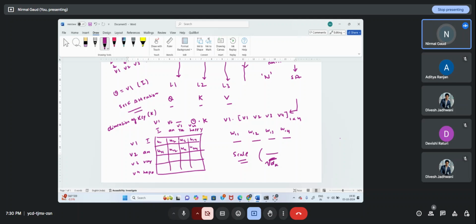So square root of 4 will be 2. So divide each and every value by 2. That is scaling. Here you have to give this entire matrix of attention score, and you will be getting scaled attention score.